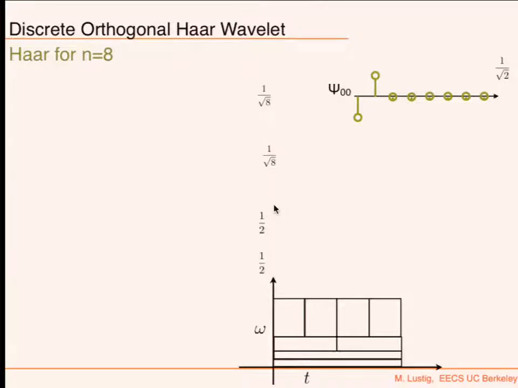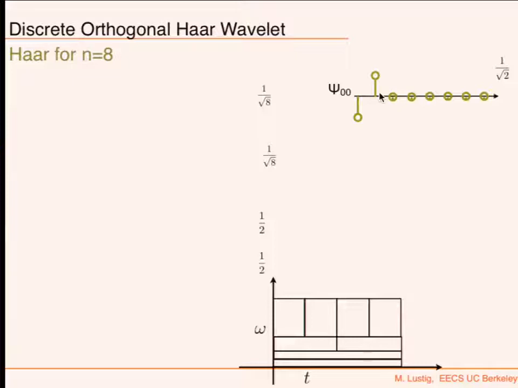So if we look at Haar with n equal 8, then psi 0,0 would be the Haar kernel located at one side of the signal. These are basically basis functions, right? We're going to represent the signal by coefficients of basis functions.